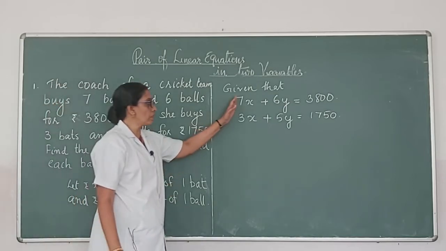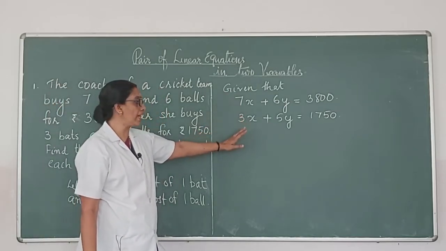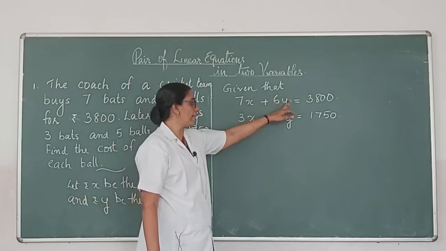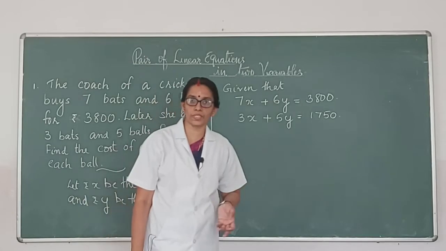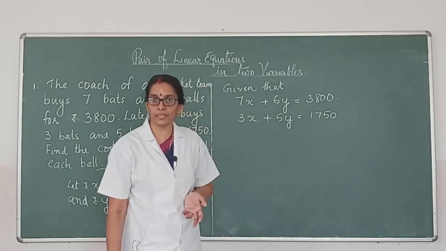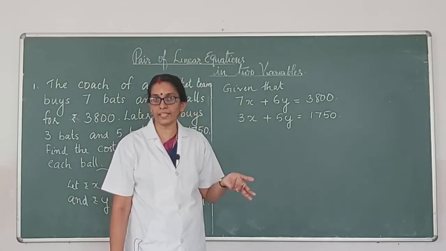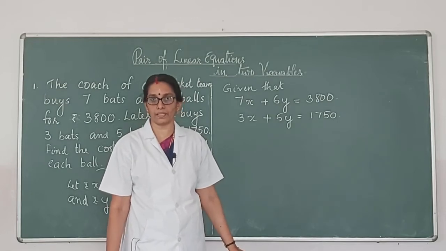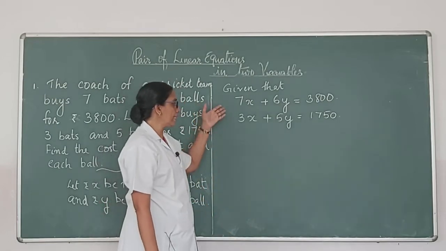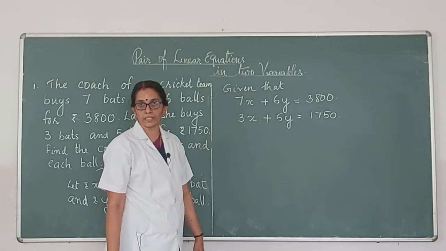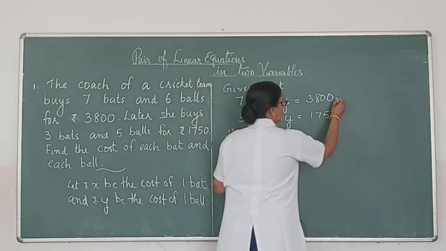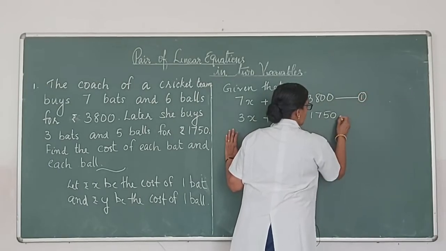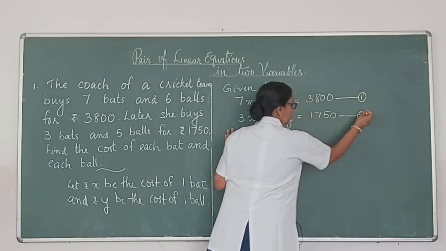Now, by solving these two equations, we can find the value of x and y. You can apply any method: substitution, elimination, or the cross multiplication method you studied today. Here I am going to apply the elimination method. For that, we take the first as equation 1 and this as equation 2.